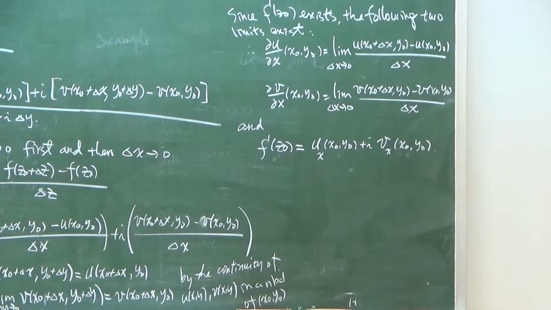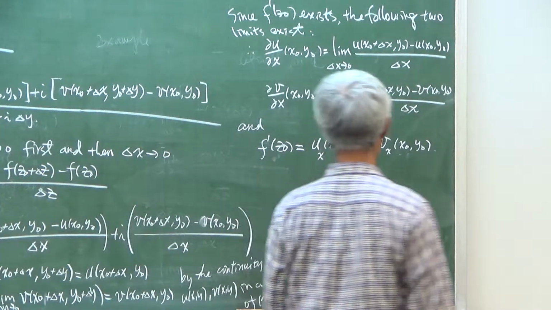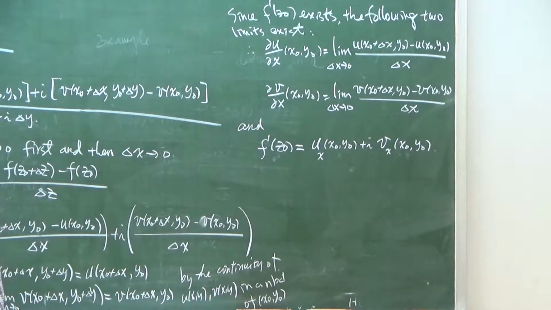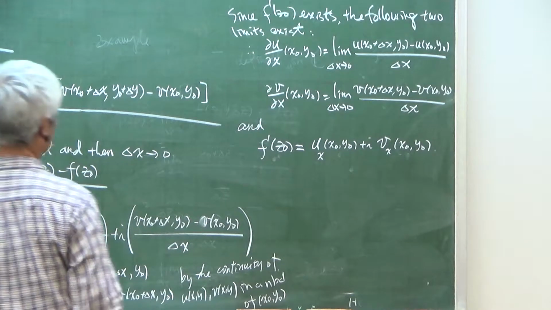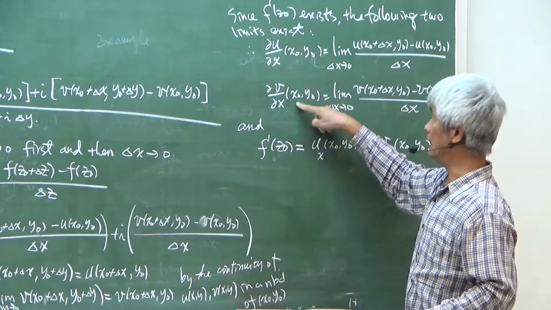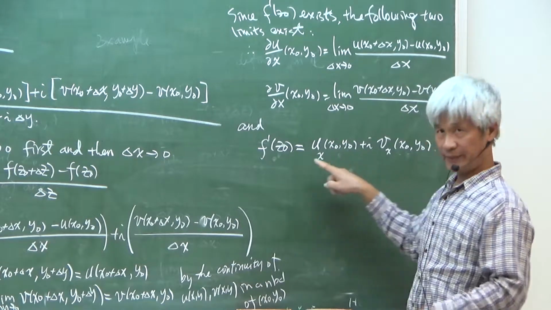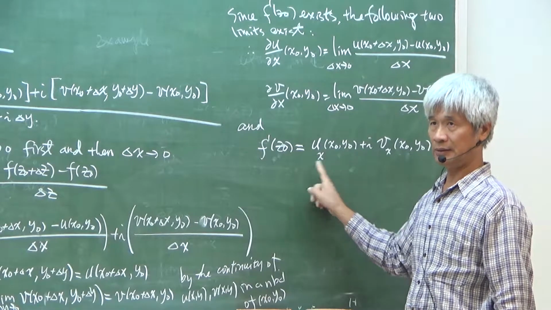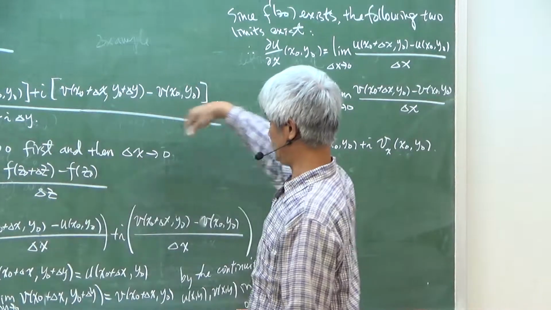Any questions? So by bypass one, we established that these two partial derivatives exist at the point x0, y0, and we have this expression and this identity here, all from this setup.